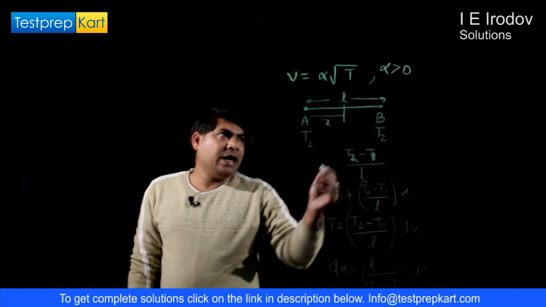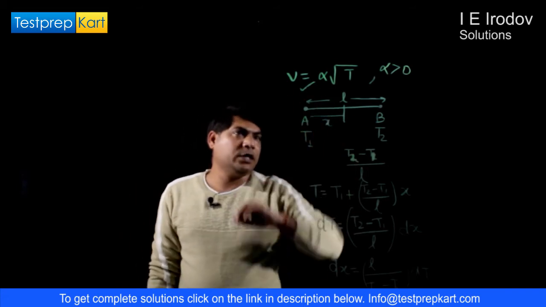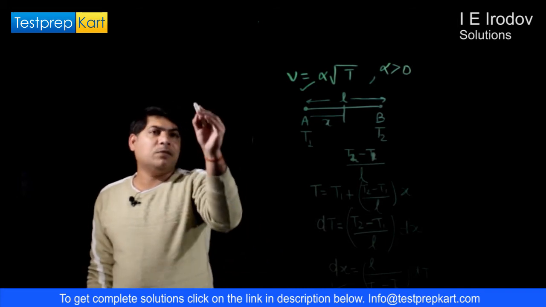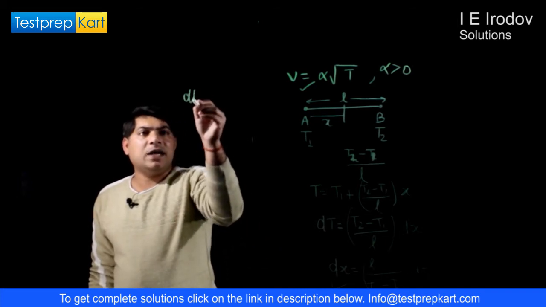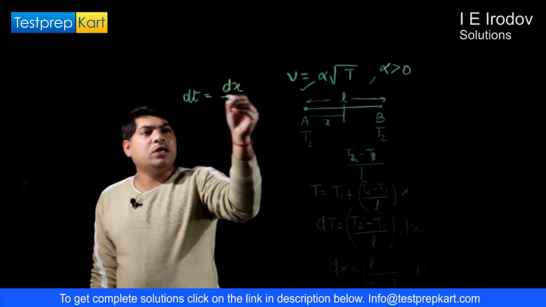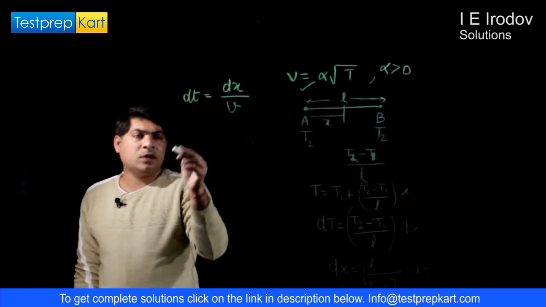Now if we have the expression of velocity, speed basically, and a small segment, the time required to cover distance dx would be dx over v.